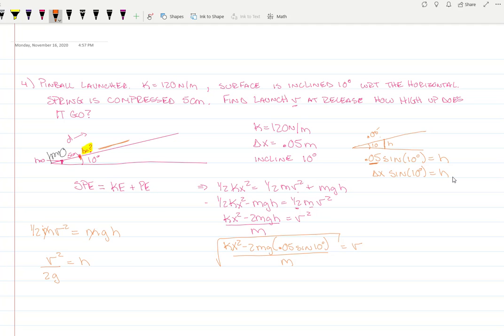So I can make that substitution in here. Then I have v squared over 2g equals x sine 10. And that's it. So my distance that I travel up the hill is going to be v squared divided by 2g sine 10.